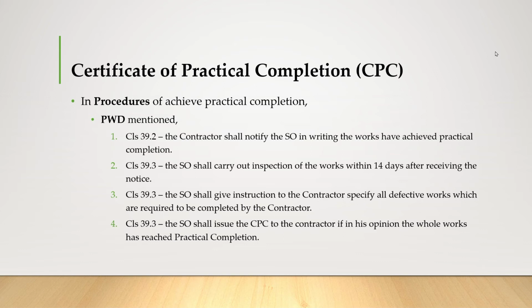And also in clause 39.3, the SO shall give instructions to the contractor specifying all defective works which are required to be completed by the contractor. And lastly, in clause 39.3, the SO shall issue the CPC to the contractor if in his opinion the whole works have reached practical completion.